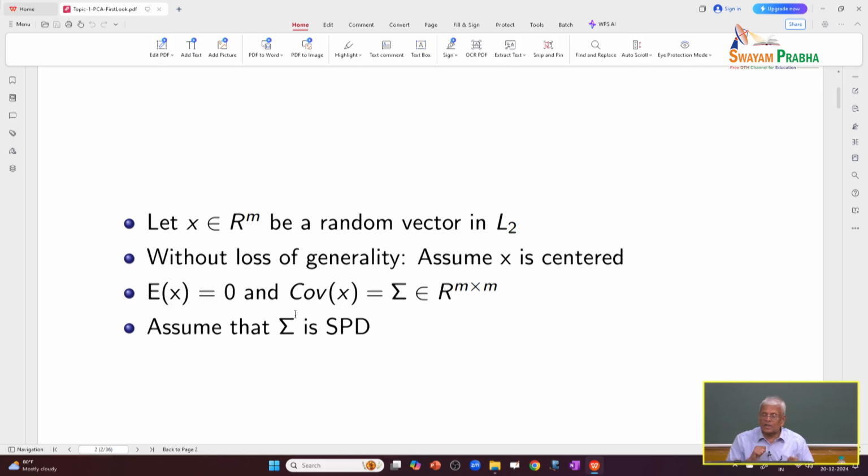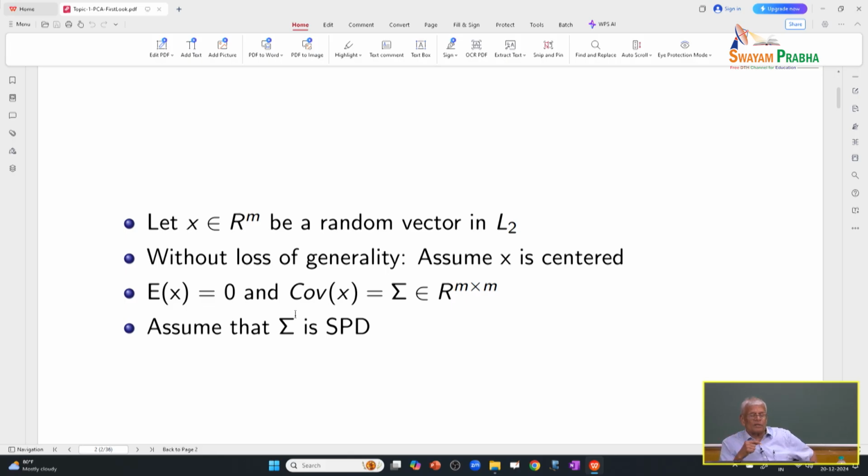So without loss of generality, I am going to assume x is centered. In the previous module on Gaussian distribution, we have already talked about centering and scaling. A random variable may have a non-zero mean and a non-zero variance, will always have a non-zero variance.